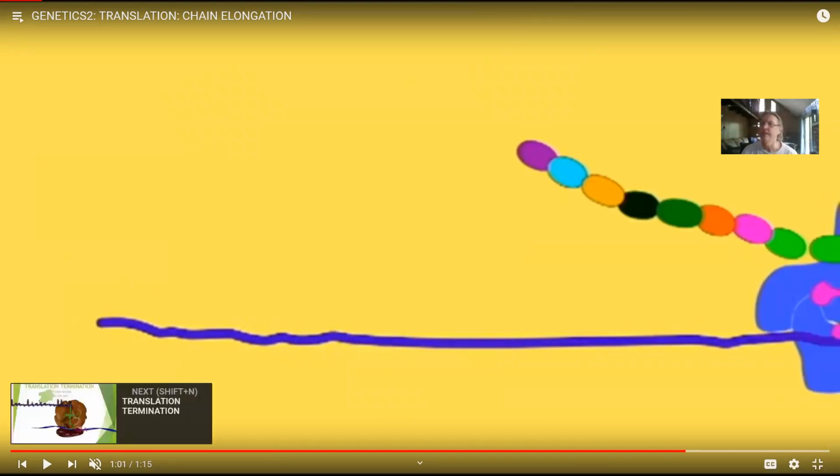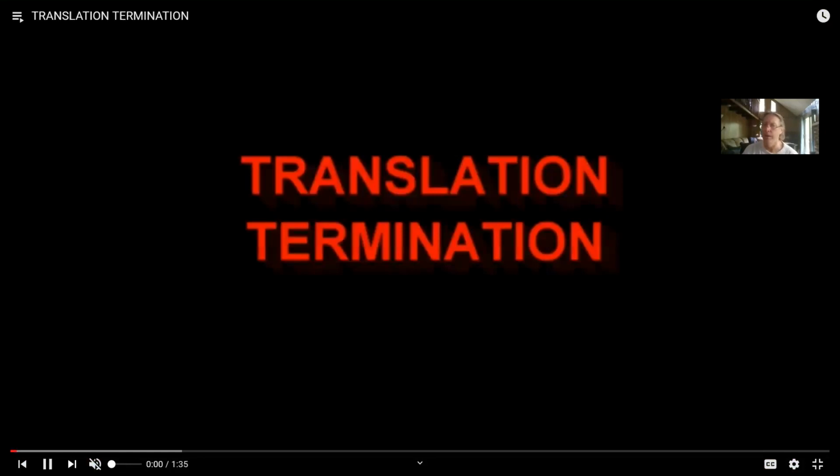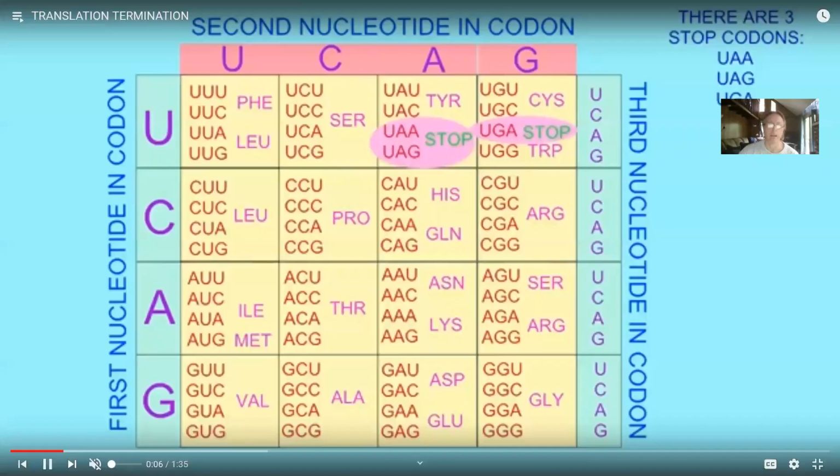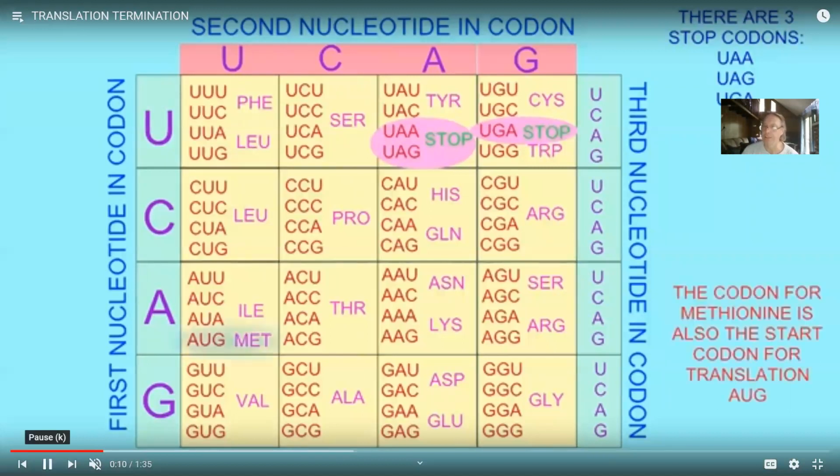This then continues until the ribosome reaches what's known as a stop codon. This stop codon will then end translation. There are 3 of these: UAA, UAG, and UGA. There is no tRNA which corresponds with those sequences.